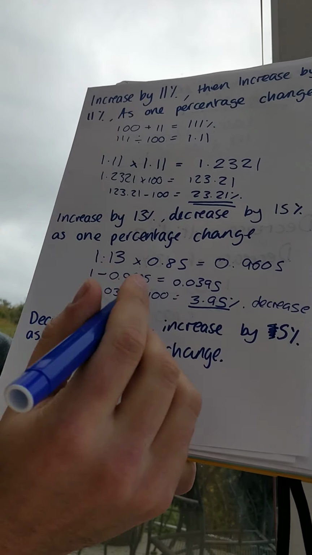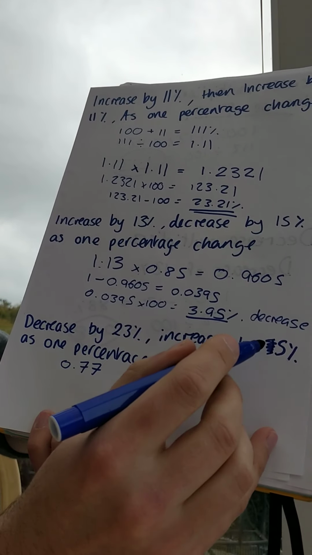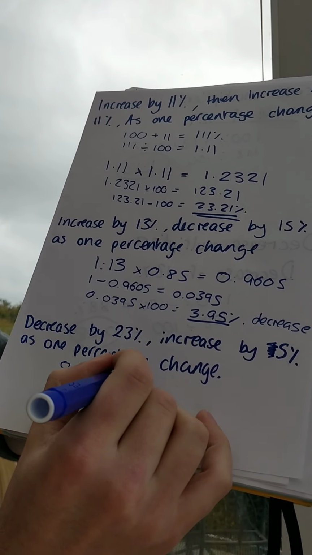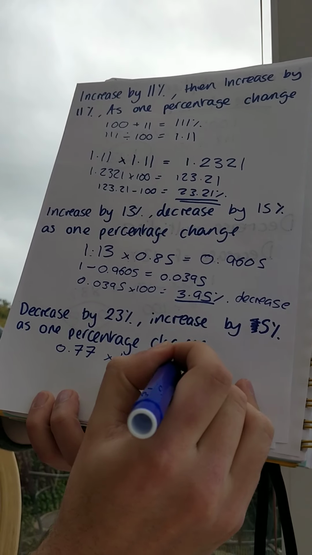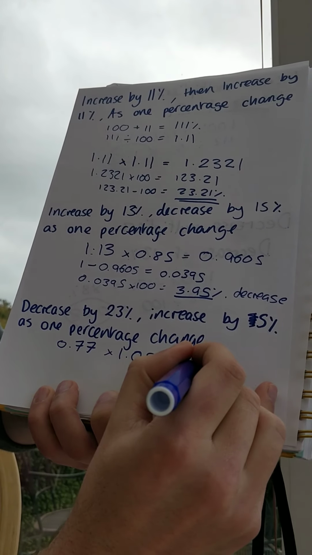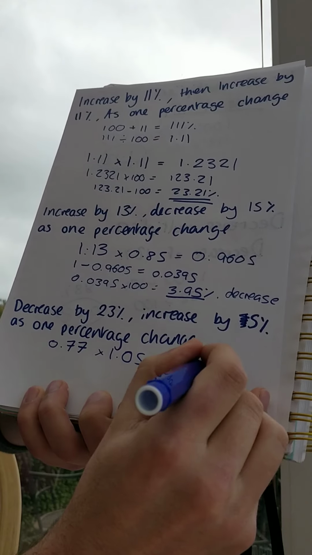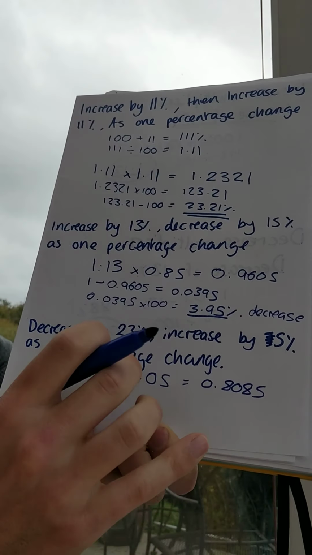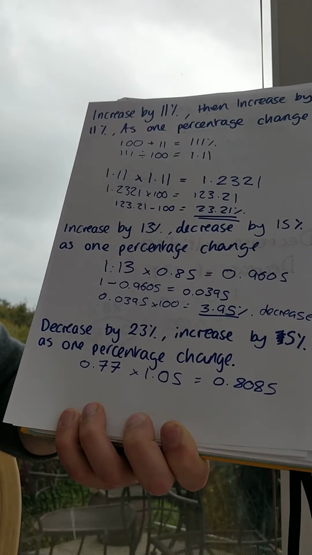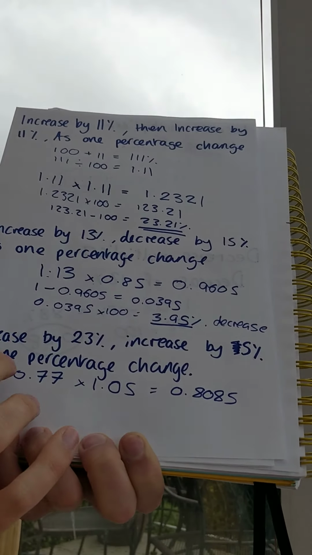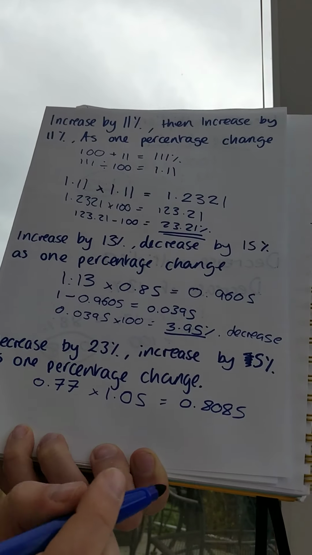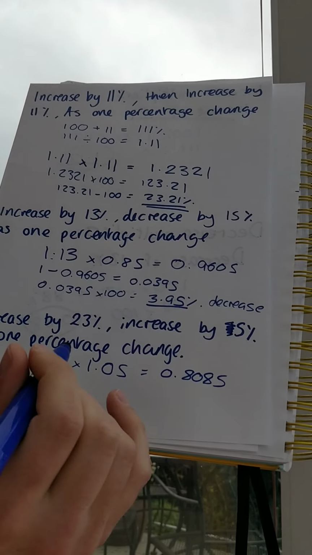See how I got that mixed up, but don't worry too much. So an increase of 5% would be times 1.05. Those combined would be 0.8085. So those two decimal multipliers we just worked out as that one decimal multiplier. But you need to work out what that is as a percentage decrease. It's under 1, that means it's definitely going to be a decrease.